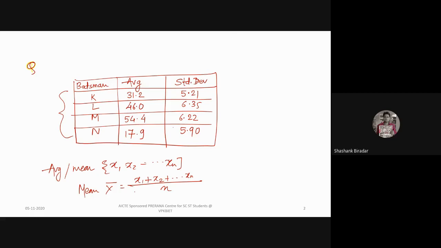The deviation d1 is nothing but the first value minus the mean, d2 is the second value minus the mean. It tells me by how much amount the current value x1 or x2 or x3, or any value in the set, deviates from the mean. That is the implication of the deviation, right?